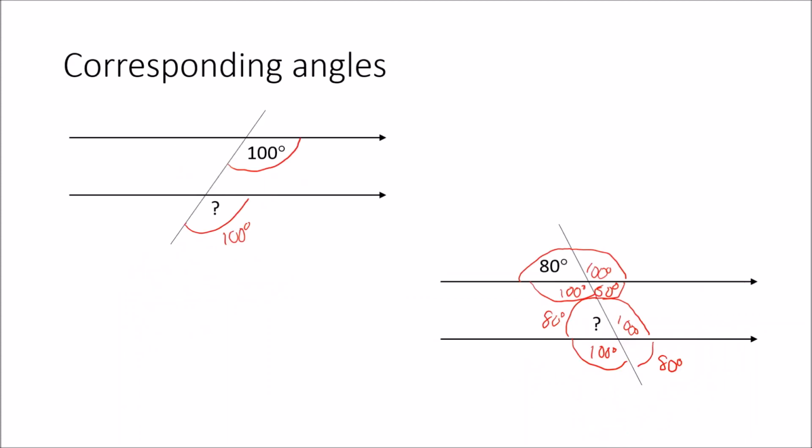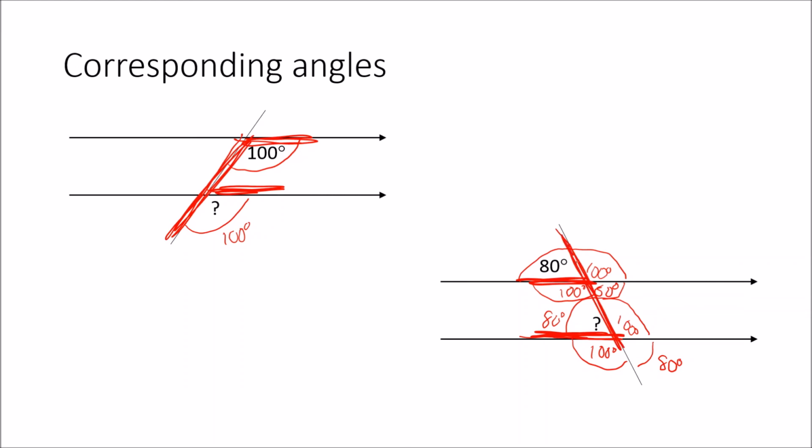Now to make it a little bit easier, what we can do, we can draw around these angles. And if we look, the corresponding, when we draw around them, it looks a little bit like an F. And here we'll do the same again with the original angles that we looked at.